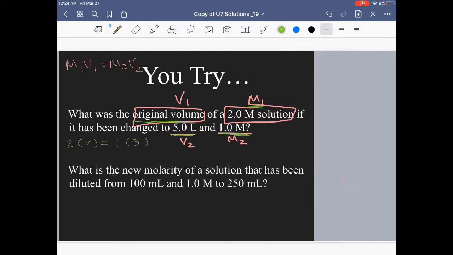All right, so then again, I have 2V, simplifying our 1 times 5 equals 5. How do I solve for V? Divide by 2 on both sides. So my volume, 5 divided by 2, V equals 2.5 liters. That's your answer. All you're doing is solving for that missing variable.